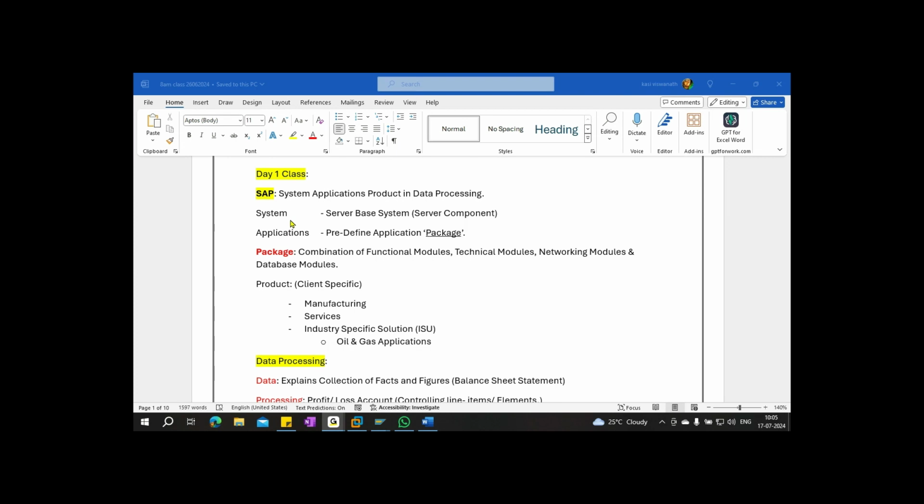So, underline the word applications and package. Applications and package. So, first of all, let me understand package. Next slide. Package.